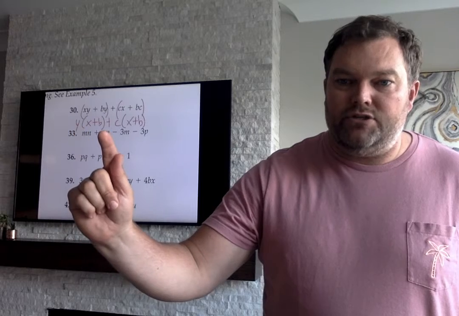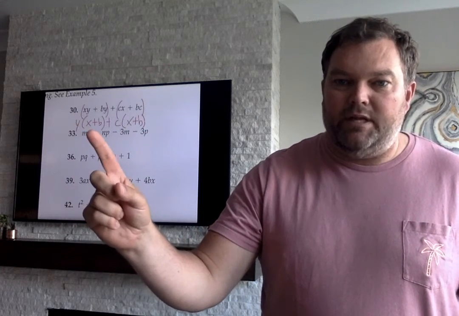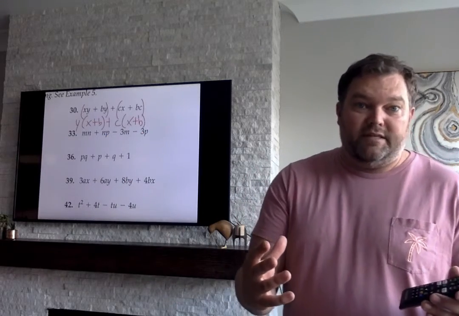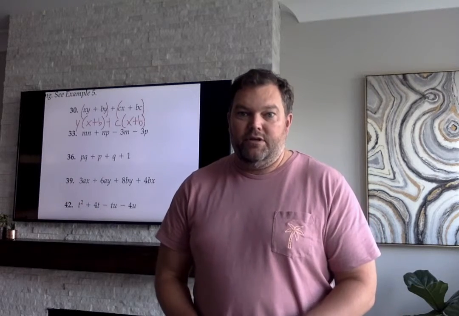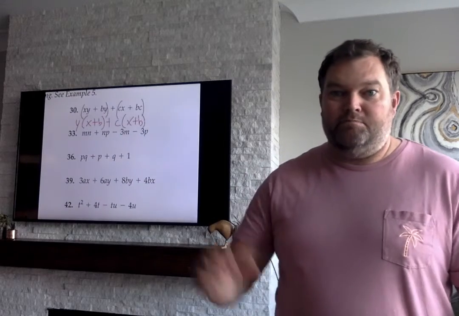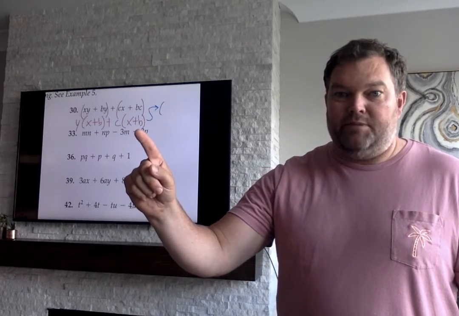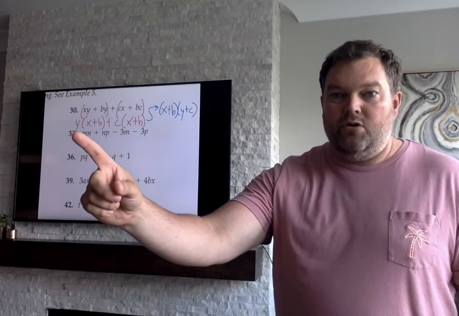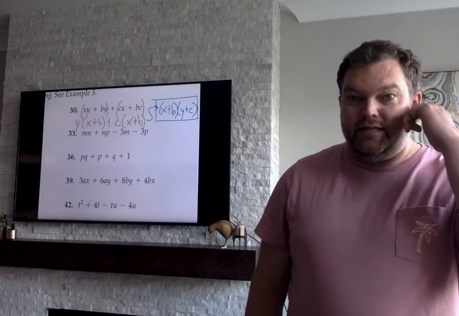In this first term and in this second term, x plus b is common. What do we do with things that are common? We factor them out. So I can factor out x plus b from this term, and I can factor out x plus b from this term out to the front. What would be left over? Y plus c. Just like that.